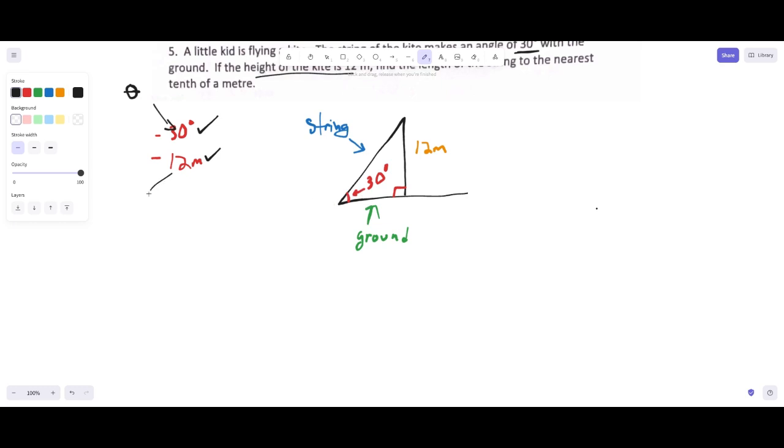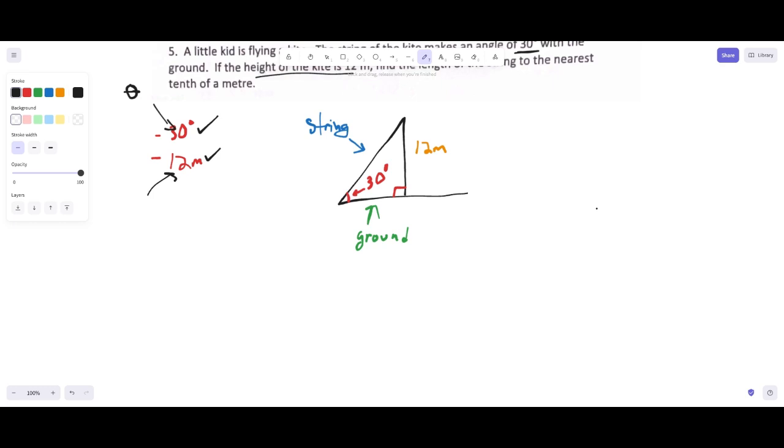Now, what does this 12 meters tell us? What length is it? You can either have a hypotenuse, an opposite, or an adjacent. So we have to use the theta angle or the angle of reference, which is 30 degrees, and look from there to find the 12 meters.